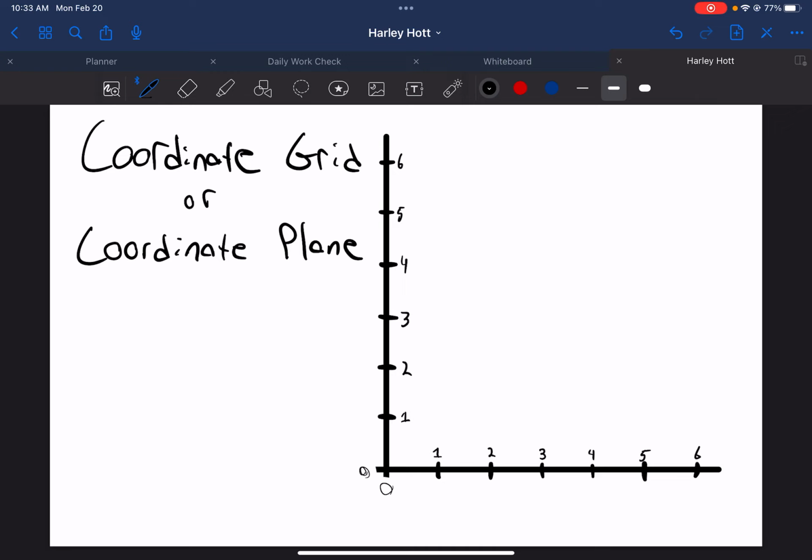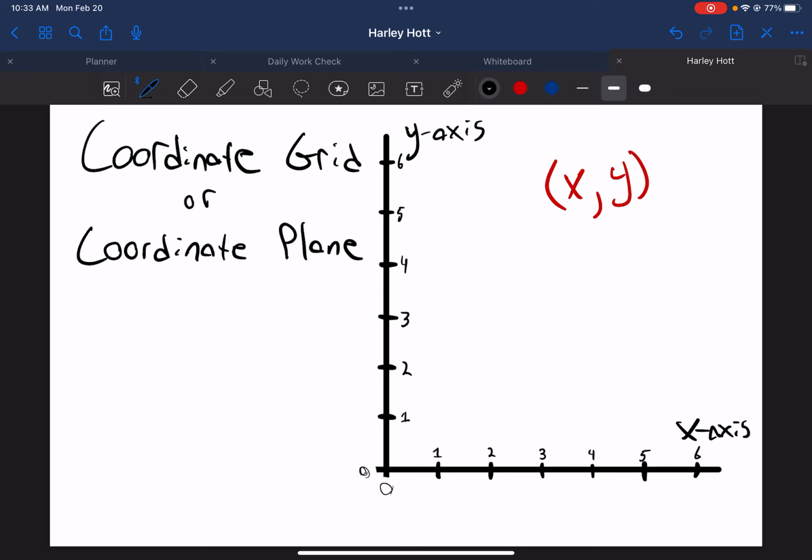It has two components, right? It has the x-axis, that goes side to side, and then I'll put that over here so it's a little more obvious. The x-axis, and then we have the y-axis, which goes up and down. Every coordinate on the coordinate grid follows a pattern where we list a number x and a number y.